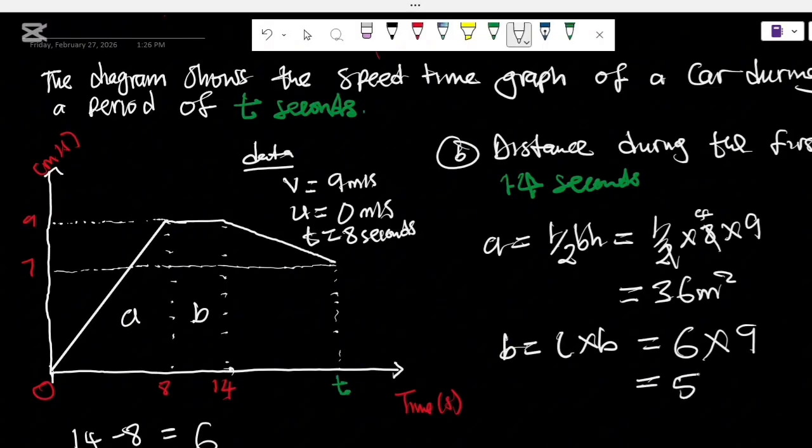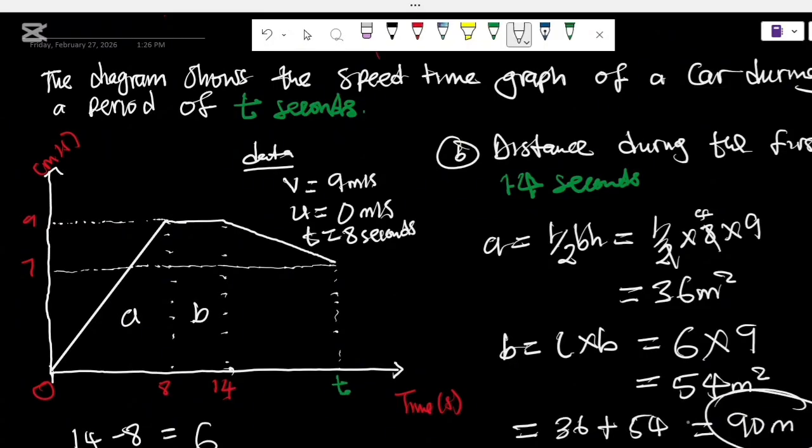This is going to give us 54 meters squared. When you add the two, the distance during the first 14 seconds is the distance of area A and the distance of area B, which is 36 plus 54. And so we are going to get 90 meters. This is the distance covered by the object during the first 14 seconds.